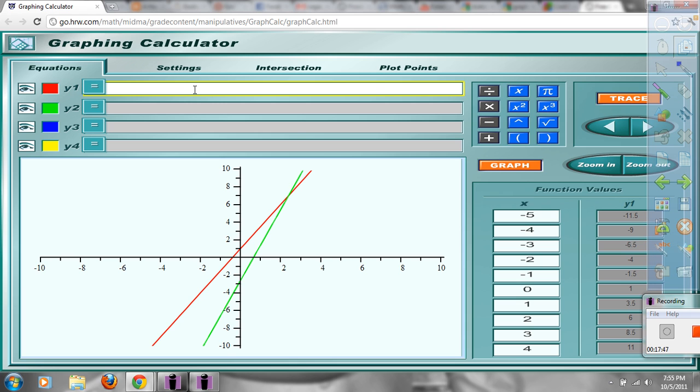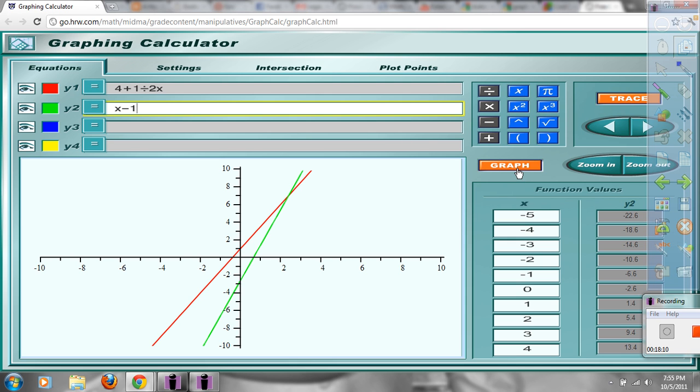So the first one was 4 plus 1/2 x. If you're trying to put in a fraction, 1/2 would be typed in as 1 divided by 2. The other is simply x minus 1. There's an easier one, x minus 1.